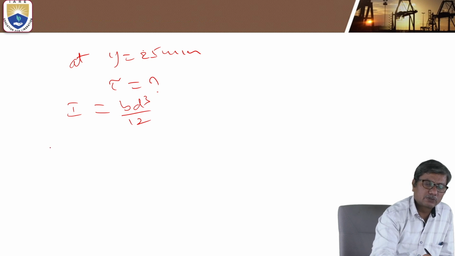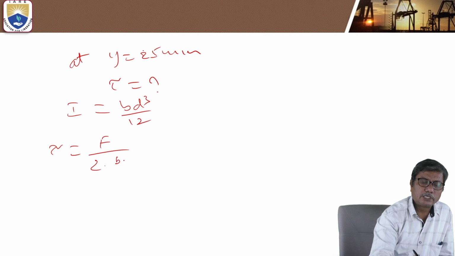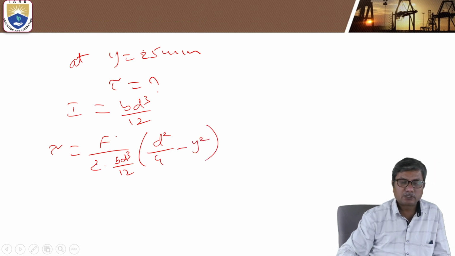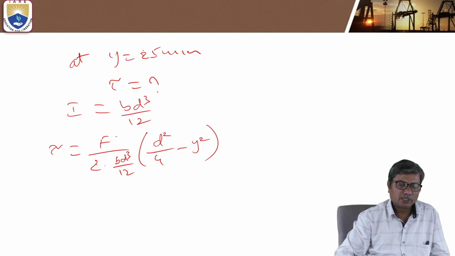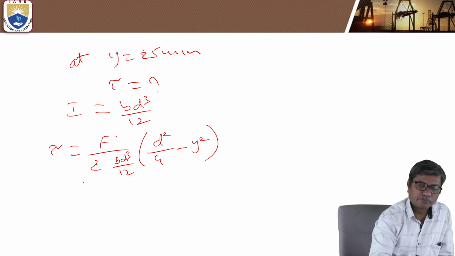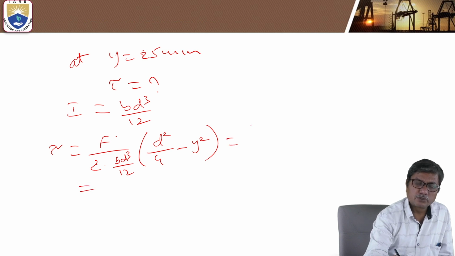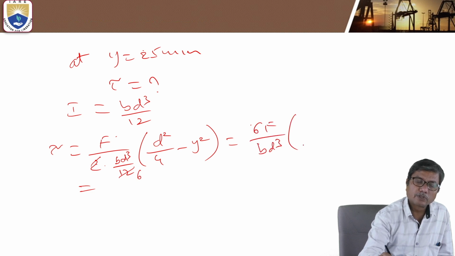So tau is equal to F by 2 into b d cube by 12 into d square by 4 minus y square. That comes out to be 6F by b d cube into d square by 4 minus y square.